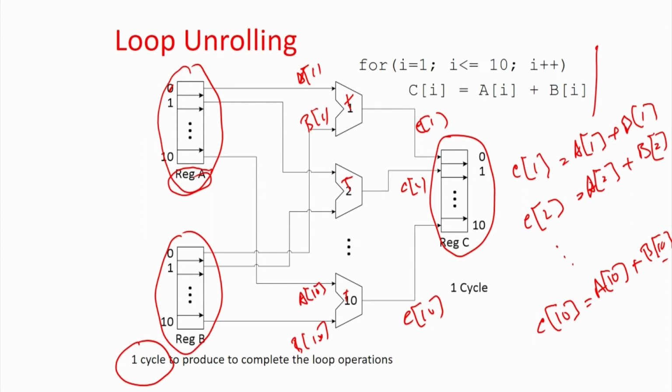You need 10 instances of the loop body. Yes, these are all adders and you are doing everything in parallel, right. So, this is what loop unrolling is. Okay. You need it very fast, latency is only 1 clock, but the hardware needed is large when the number of iterations of the loop is large, right.